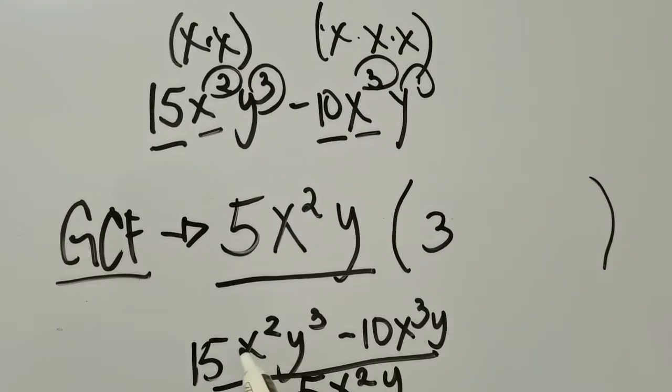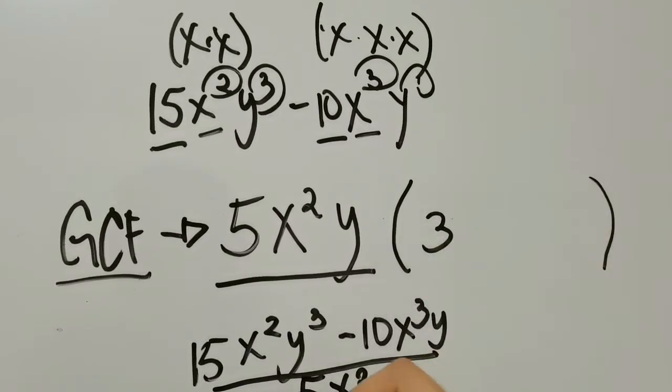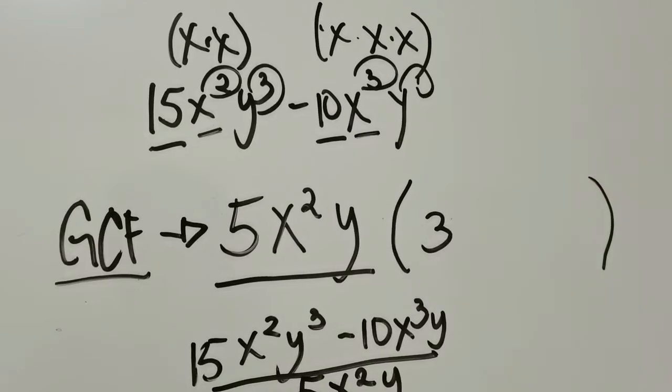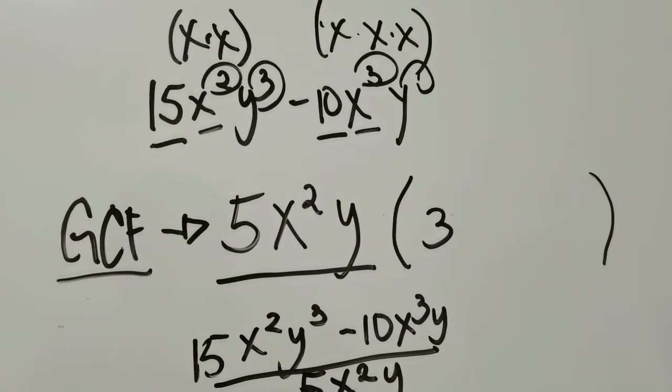Then x squared divided by x squared is 1. So technically, 3 times 1 is 3. Hindi na natin ilalagay yung 1, kasi multiply din naman siya dito sa 3.